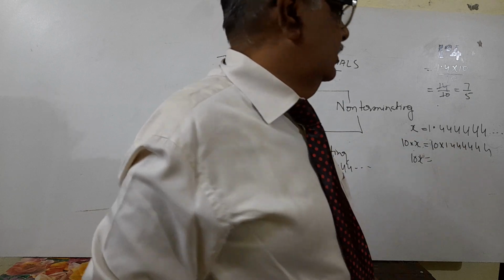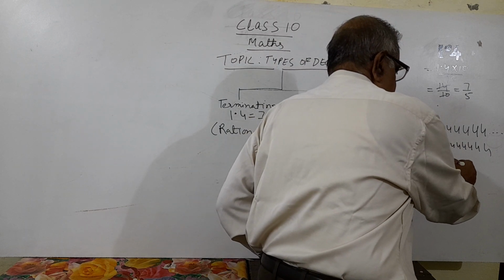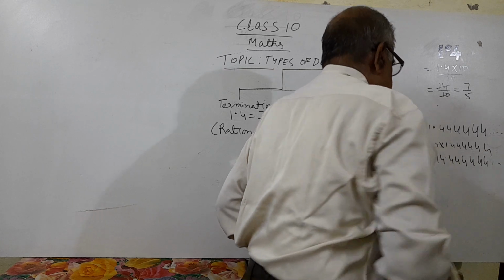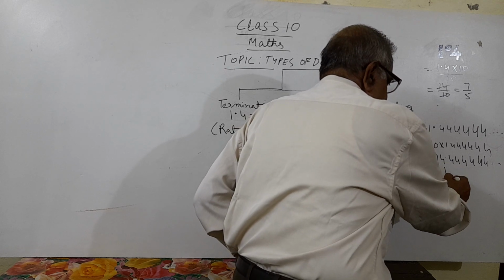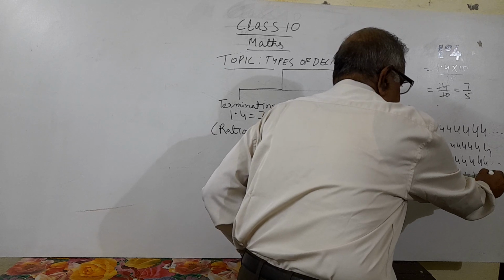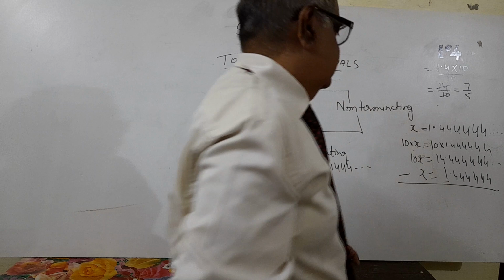Here the decimal will shift by one place, so this becomes 14.44444 and so on. X we have already assumed to be 1.444444. We can subtract both these numbers.